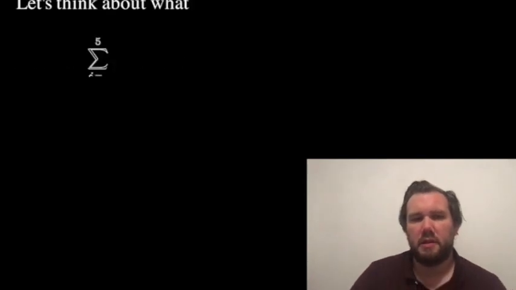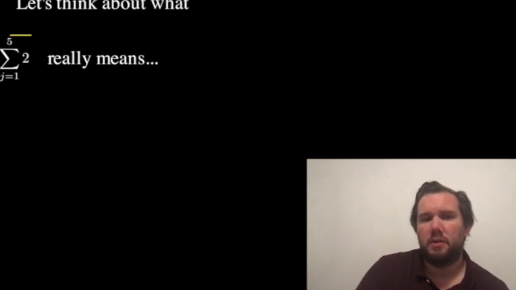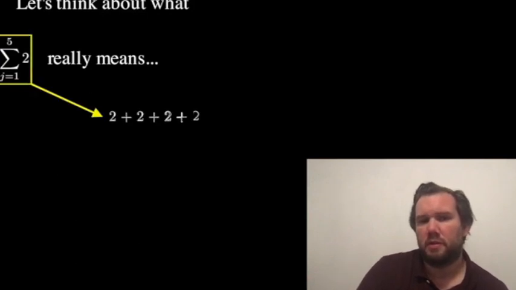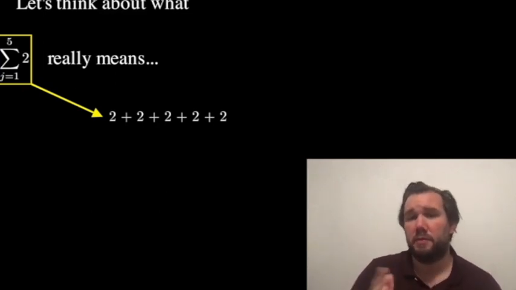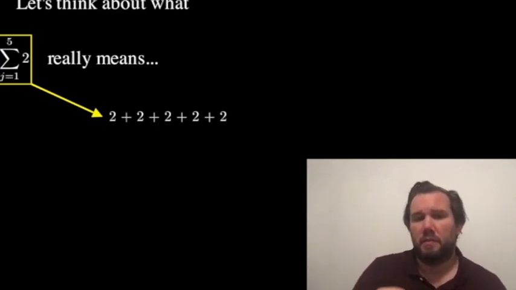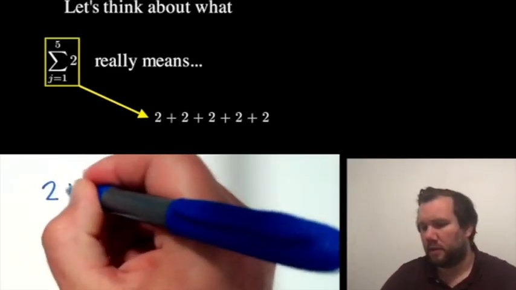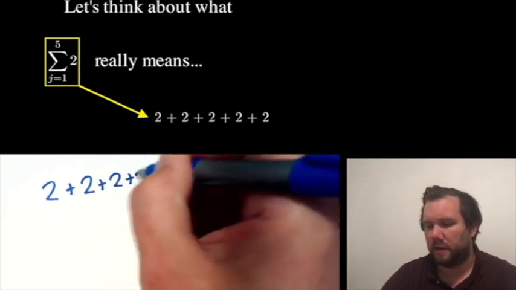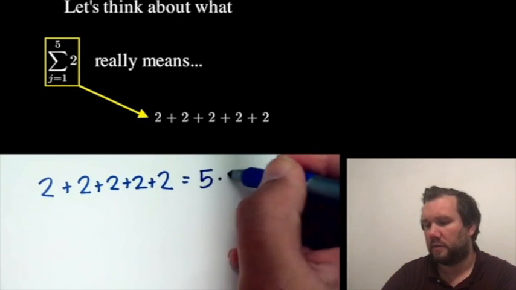So to get at this, let's think about what the sum from j equals 1 to 5 of 2 really means. Well, it's going to be 2 plus 2 plus 2 plus 2 plus 2, with that 2 written 5 times, because j is going from 1 to 5. But 2 plus 2 plus 2 plus 2 plus 2, 5 times, is just the same thing as 5 times 2.